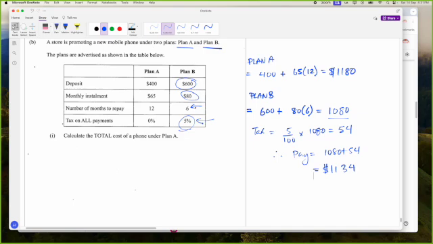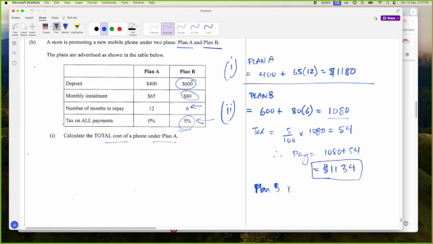And even with all of that, you're still coming out better with Plan B. So this here is number one: calculate the total cost of the phone under Plan A. The total cost of the phone under Plan A is that. This is number two: you had to find for Plan B, and now you could say Plan B is cheaper.